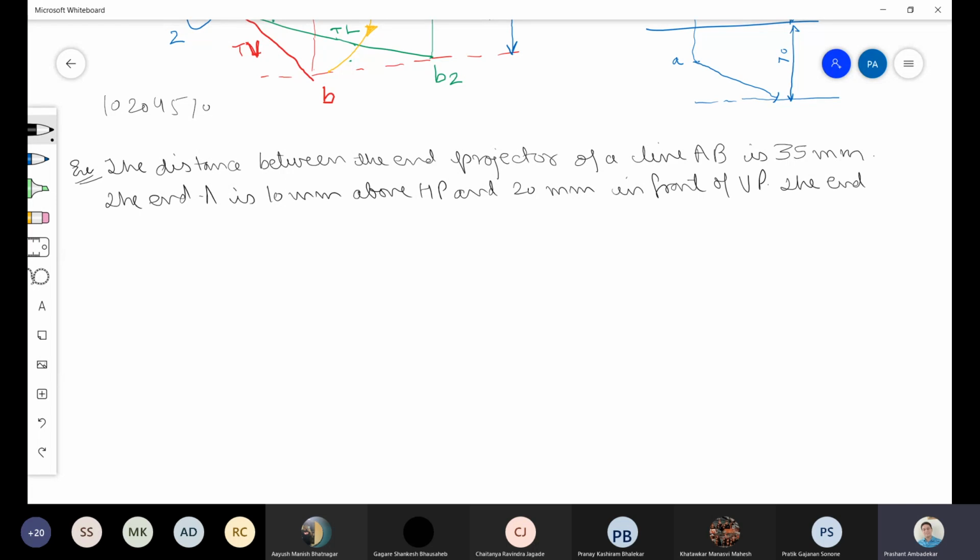The end B is 45... I will change the dimensions here. 55 mm above the HP and 60 mm in front of VP. Draw the projections.